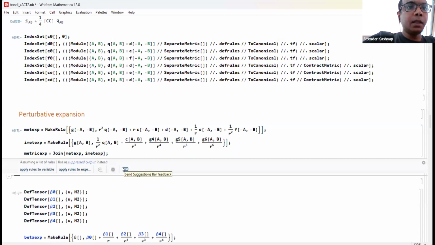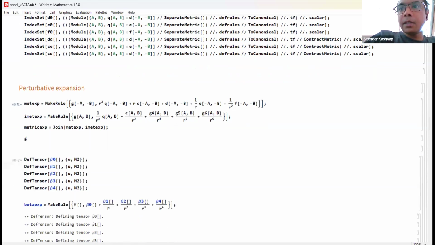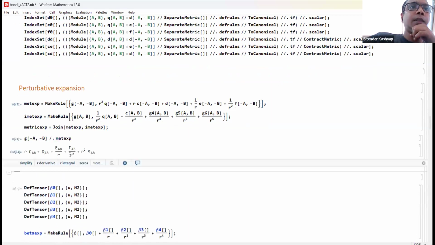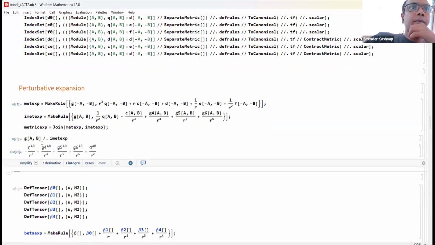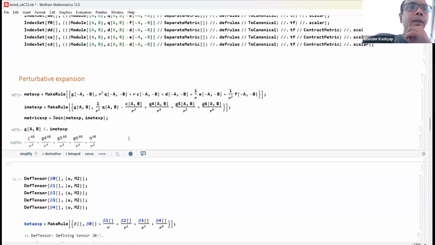So for example, if I have the metric G minus A minus B and I ask it to do metric expansion, it will do this. And similarly, if I have the inverse metric AB and I ask it to do IMET, it will take into account those things.